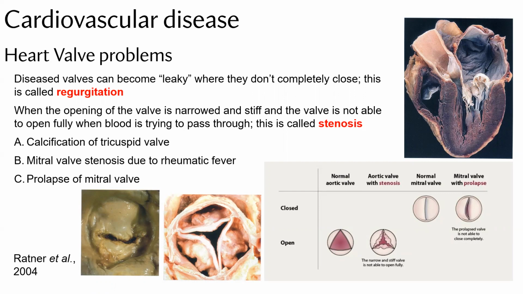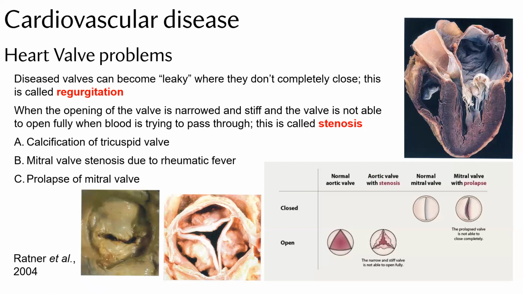So if they become leaky, that's when they're actually going to be diseased. In the case when they don't completely close, we call it regurgitation. They become leaky, and that's similar to here. You have calcification. It's become stiffened. The flexibility and the compliance isn't there, so they cannot fully close.